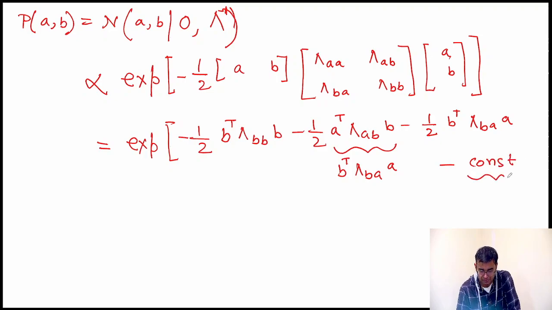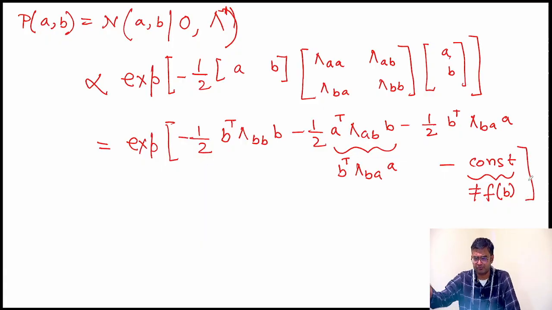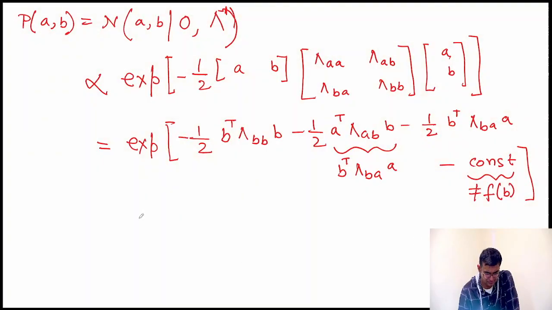And when I say constant, it literally means it's not a function of B, because A is still a function of A. But when I say constant, it means it's not a function of B. This is fine. One more line I will write, which is combining the two terms in the middle.